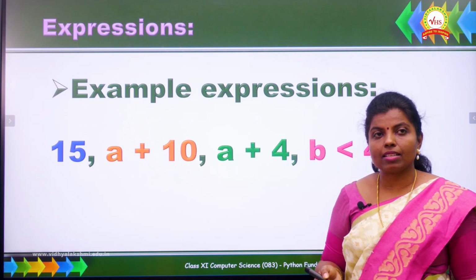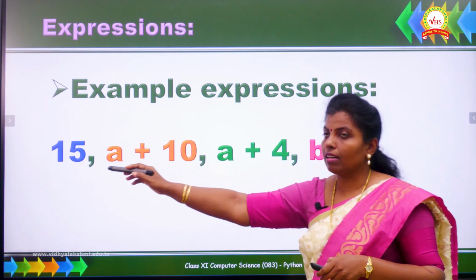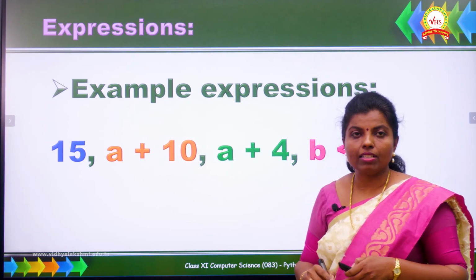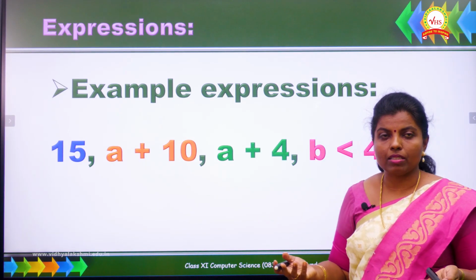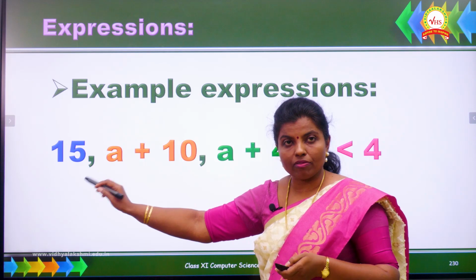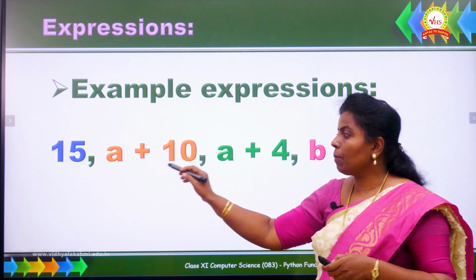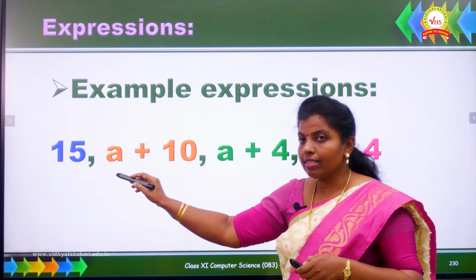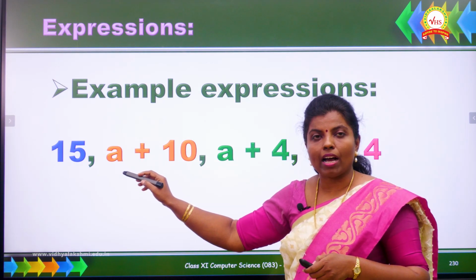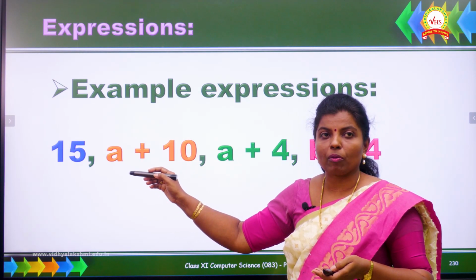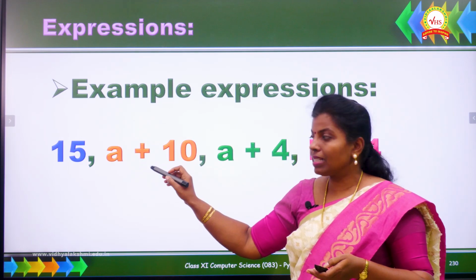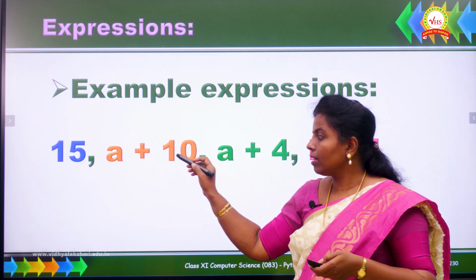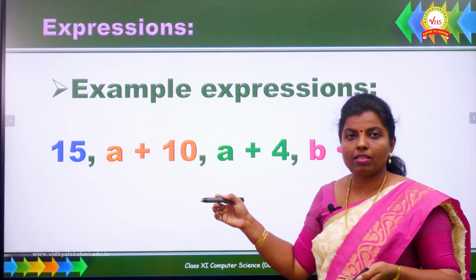So let us see some examples of expressions. You can see here 1 and 5 is given. It is a legal combination of some symbols, right? So this becomes one of the expressions, and you can see here a plus 10. So a is a variable. It may hold a value, maybe an integer value or floating point value, maybe a number. Plus is another symbol, and even 1 and 0, they are some other symbols.